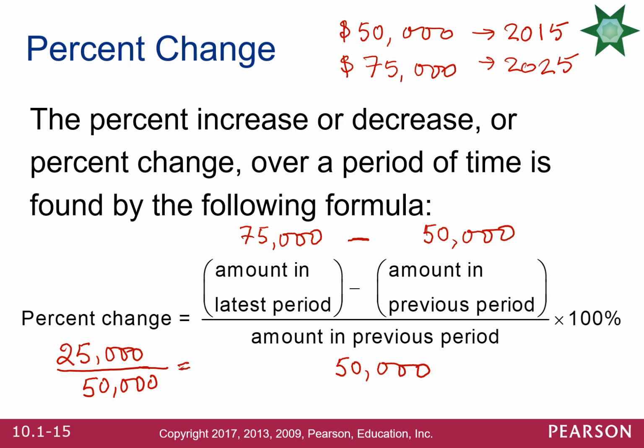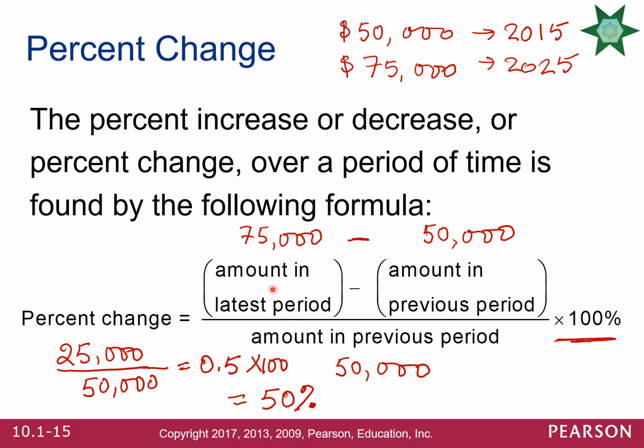Therefore, it would be 0.5. All right, 0.5 multiplied by 100. So it went up by 50%.